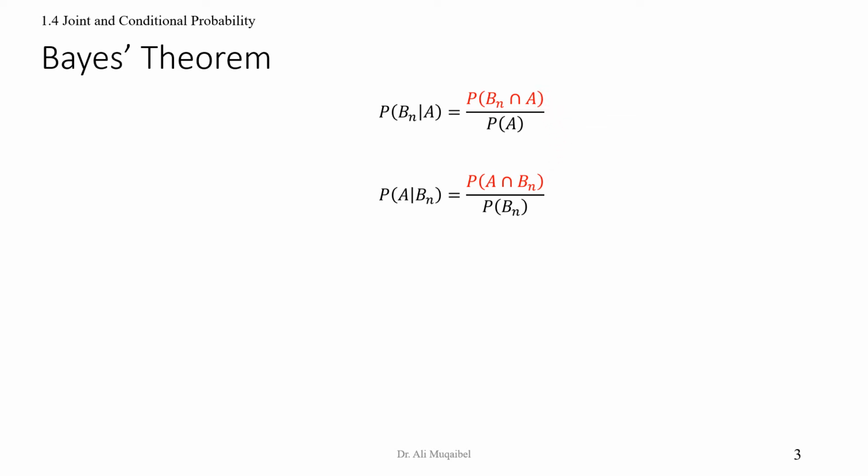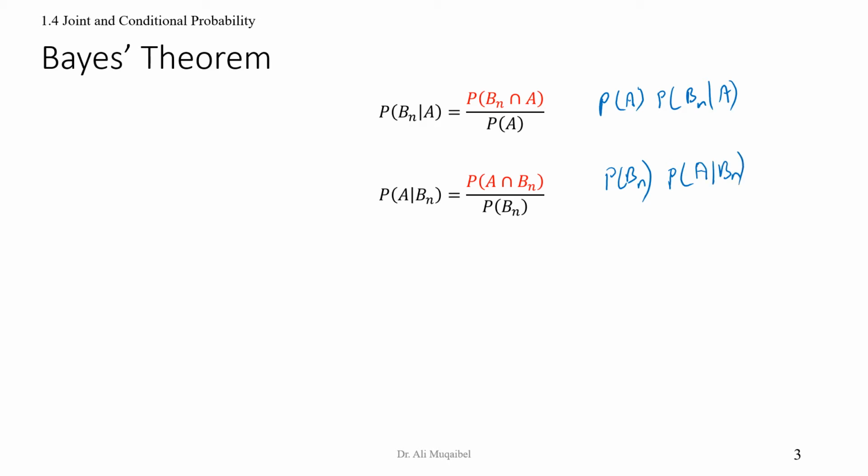So we can say, for example, if I write the red as probability of A times probability of Bn given A. For the second expression, I can write probability of Bn times probability of A given Bn.